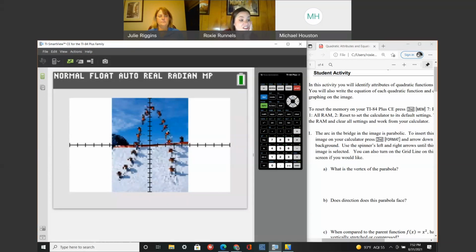If you can get kiddos to take pictures themselves, because kids love taking pictures, right, you can have them share those pictures with you and then send them out to their calculators. I'm sure they'd be so excited to see their picture on everyone's calculator. You could be the new Twitter with your calculators.